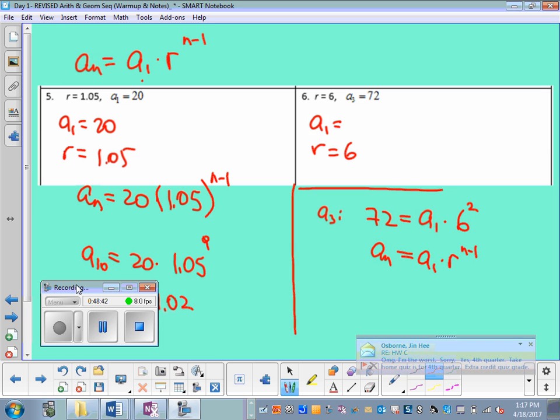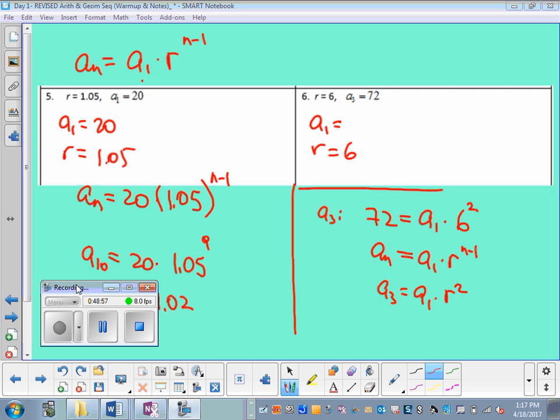Then for A3, I have A1 times R to what power? 3 minus 1, so 2. Start with the generic formula. Since I know A3, A3 equals A1 times R squared, correct? Because I start with A1 and multiply by R. I'm just plugging in n is 3, so 3 minus 1 is 2. But now I do know what A3 is, 72, and I know R is 6. That's how I get this equation that I can now solve for A1.